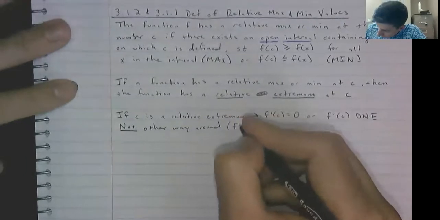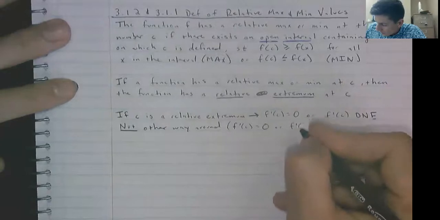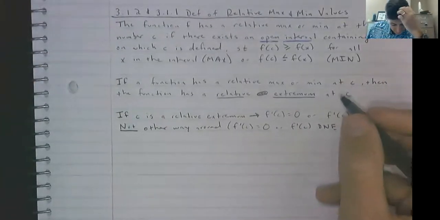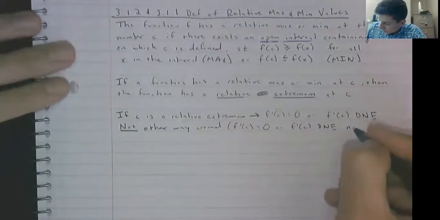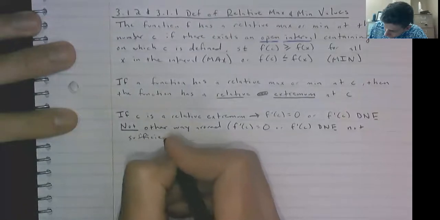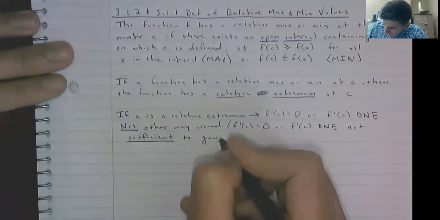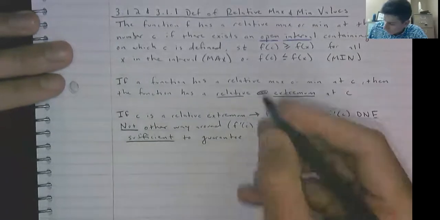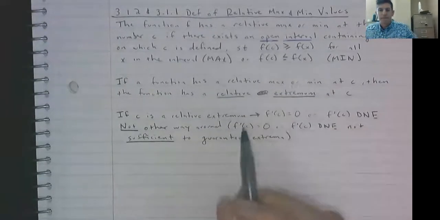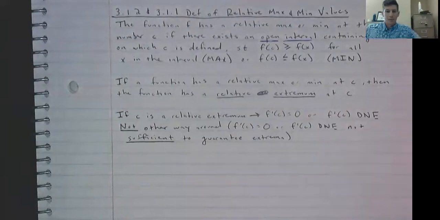So f prime of c equal to 0, or f prime of c does not exist, is not sufficient to guarantee extrema. Okay, that's the conditional. The converse is not necessarily true.